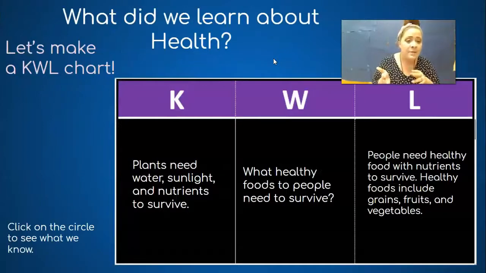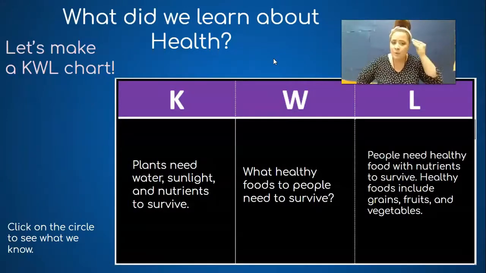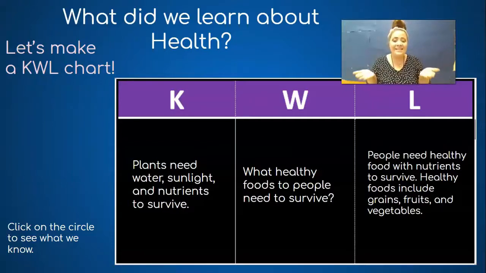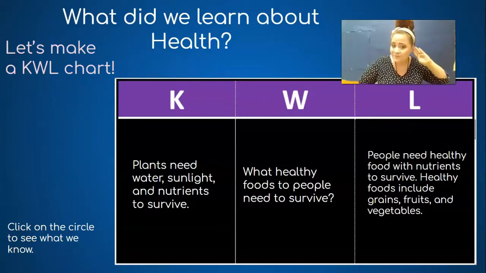Let's review our KWL chart. Do you remember what we knew? What we already know. Good memory. Plants need water, sunlight, and nutrients to survive. Do you remember what we wanted to know? That's right.